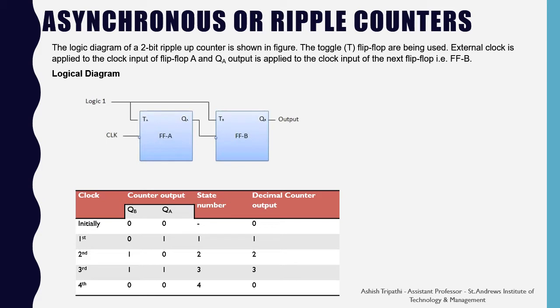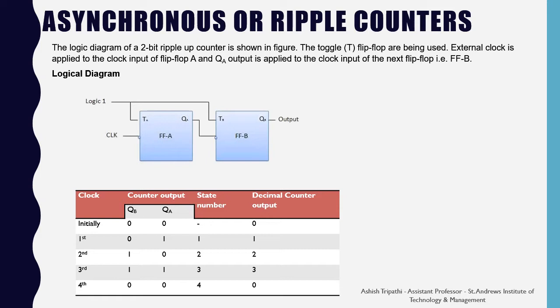You have to apply logic 1 as the T input for each of the flip-flops. You have to apply the clock input directly to the first flip-flop, and the output from the first flip-flop will become the clock input of the other flip-flop.